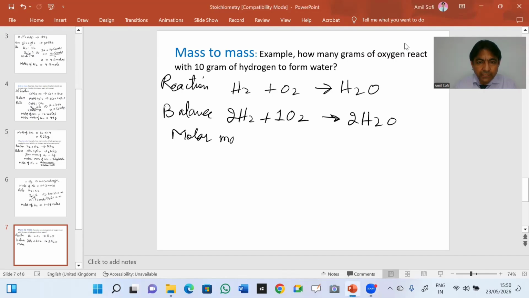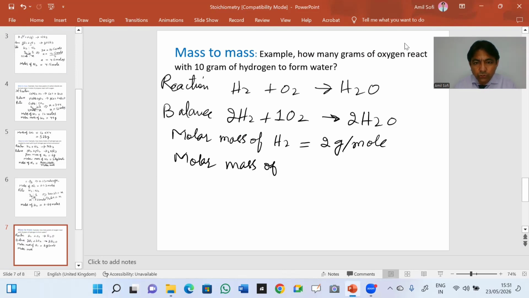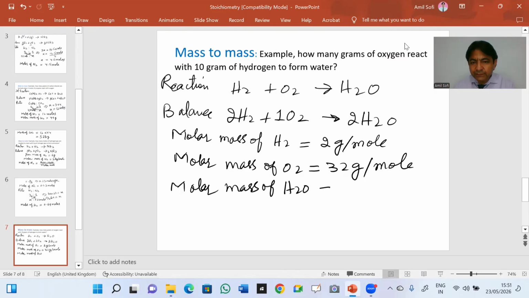Molar mass of H2, that is 2 grams per mole. Molar mass of O2, that is 32 grams per mole. Molar mass of H2O, that is 2 plus 18 grams per mole.